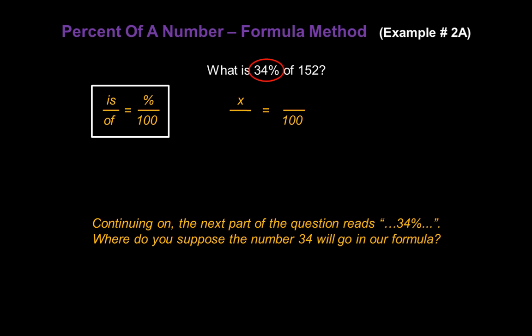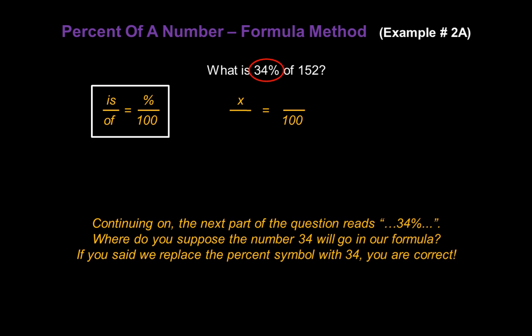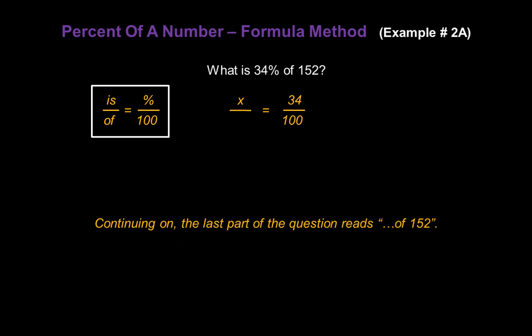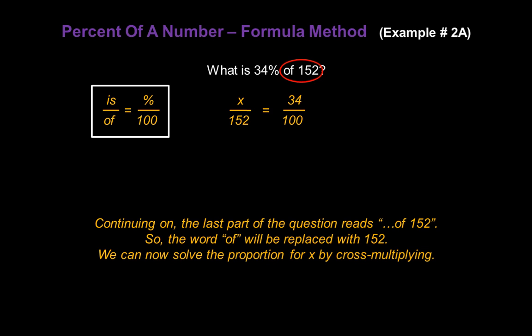Now where do you suppose the number 34 will go in our formula? If you said we replace the percent symbol with 34, you're correct. We put 34 over 100 because that ratio represents 34%. Now continuing on, the last part of the question reads of 152. So the word of is going to be replaced with 152.